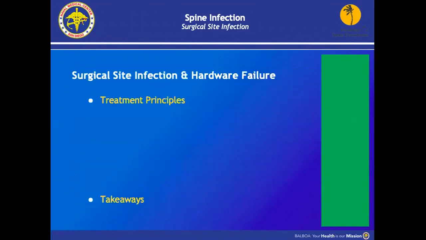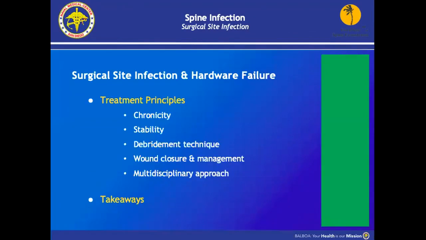So just overarching principles, kind of second to last slide here, principles of treatment of surgical site infection in particular. It's really delineated by number 1 being chronicity, and then number 2, stability. I think those are the 2 big things we need to consider when we're talking about going back to the OR for these. So the main overarching principles, again: act aggressively, urgent surgical debridement, wound management is critical.